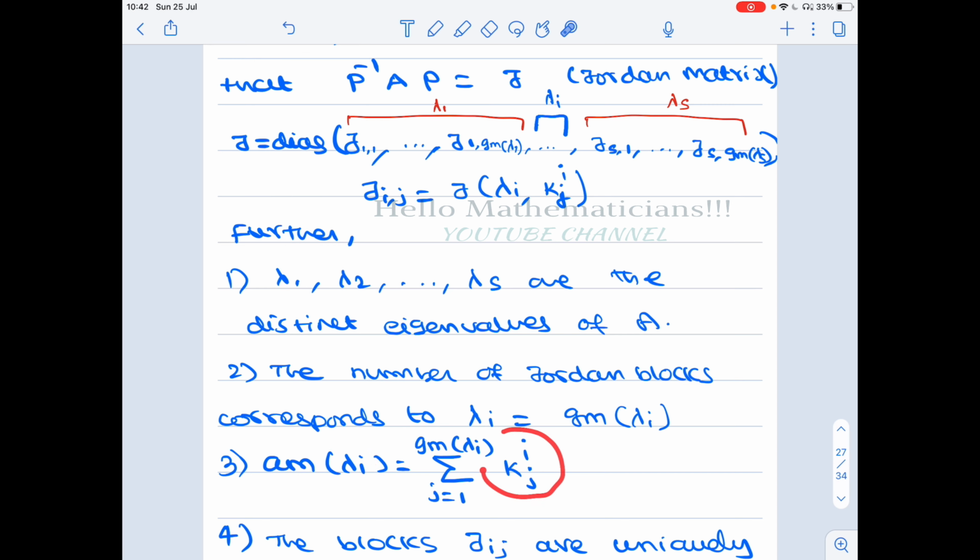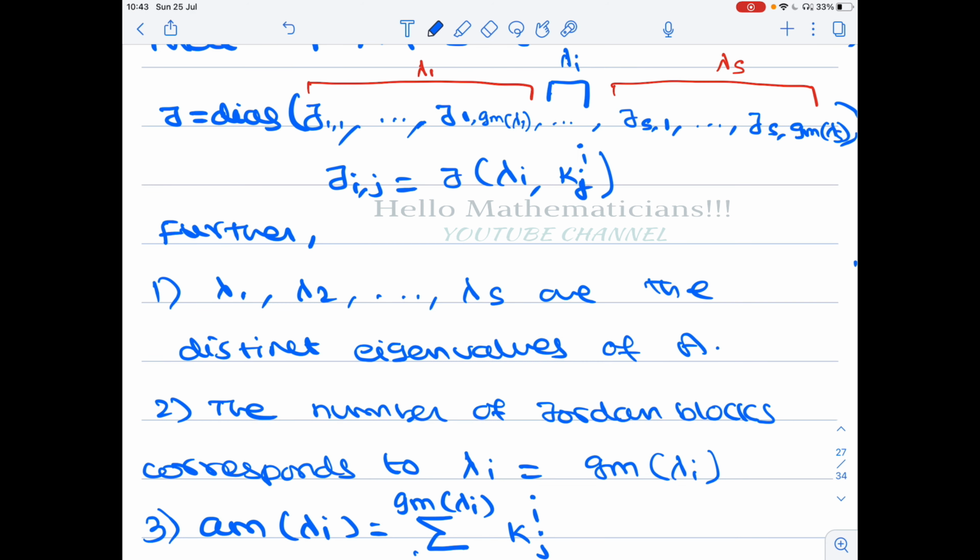For each of these blocks I take its size to be k_1i, k_2i, and so on, up to k_(geometric multiplicity of lambda i)i. So corresponding to lambda i, you will have some blocks here, and the sizes of the blocks I am denoting like this.